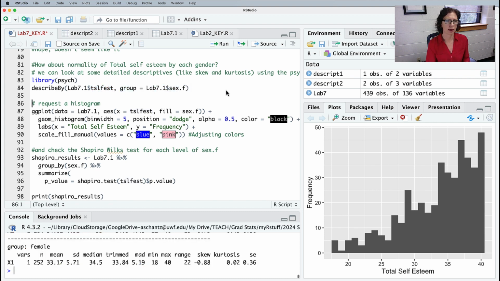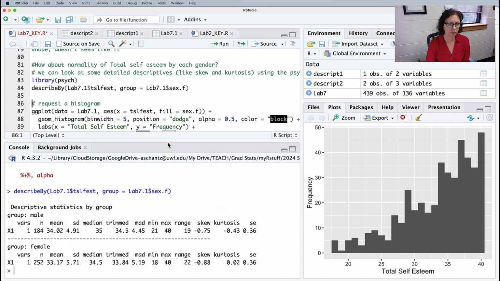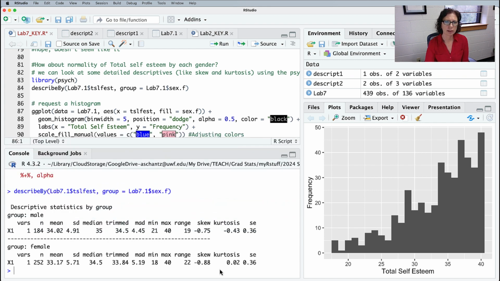So if I run that, I have some information down here, very similar to using the Explore in SPSS. So I have the mean and standard deviation, I have the median, I have the trimmed mean, I have min and max, I have skew at negative 0.75, and I have kurtosis at negative 0.43.